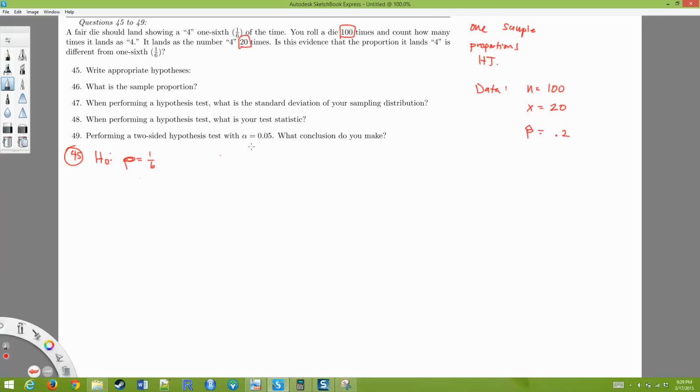One sample proportion, is P equal to 1/6 versus the alternative that P doesn't equal 1/6. Because it says different right here, so we have a two-sided test. What is the sample proportion? That's just p hat, and we see that is 0.2.